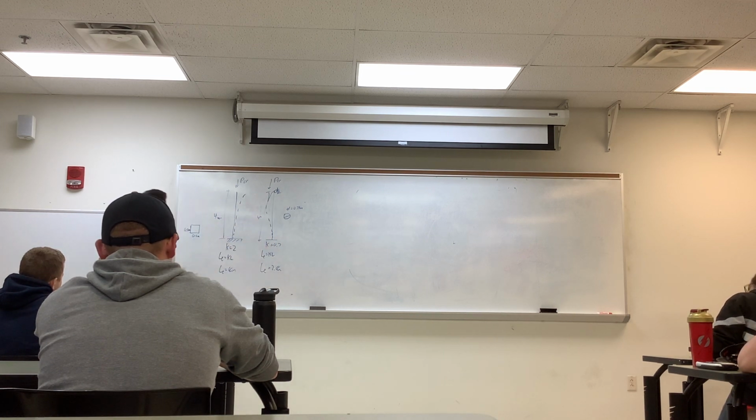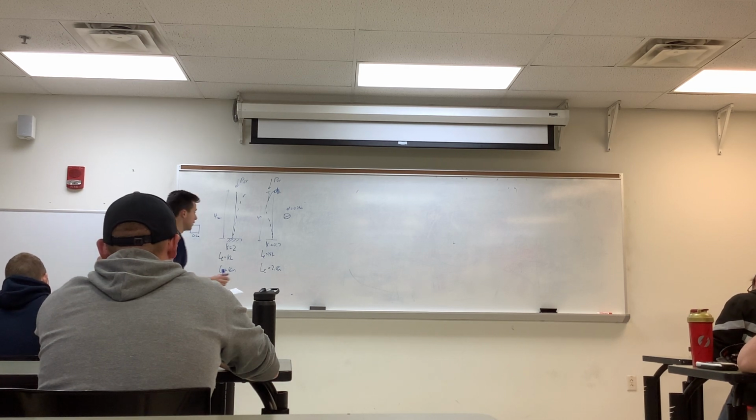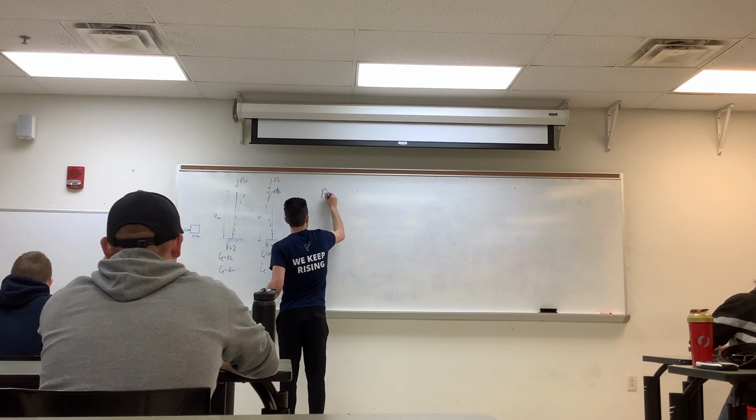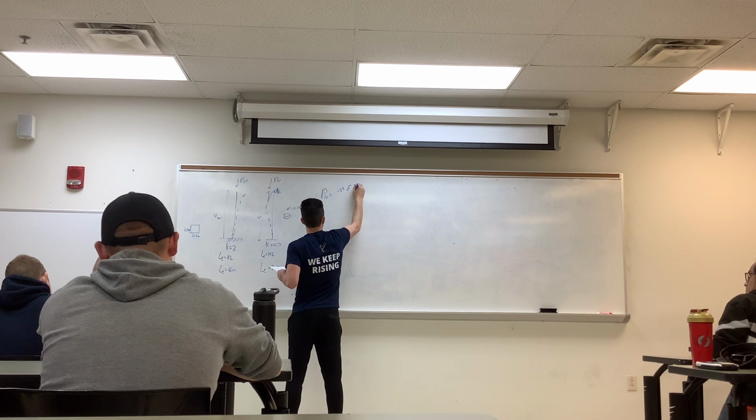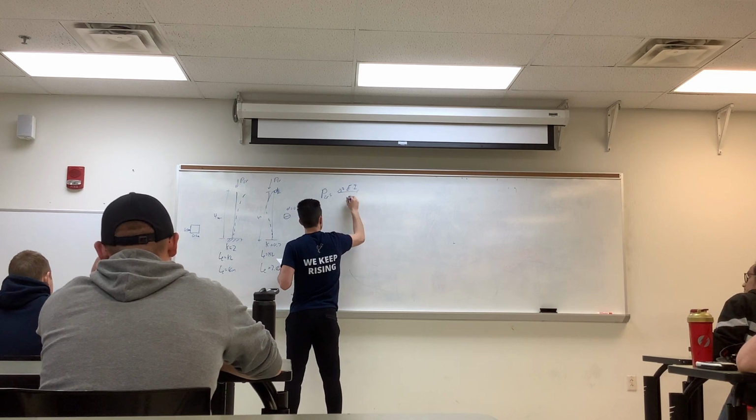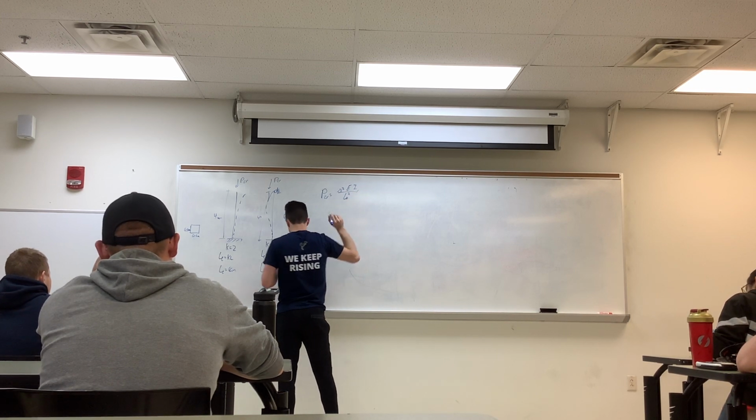So n for each one of these will be equal to 1. I won't give you anything harder than 1. So your critical equation, P critical, is just pi squared EI over your length effective squared.